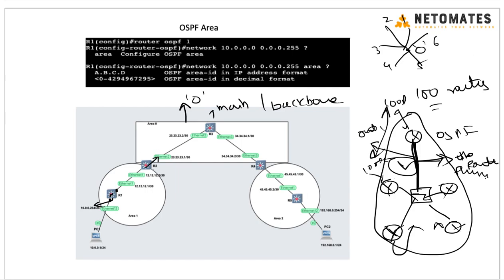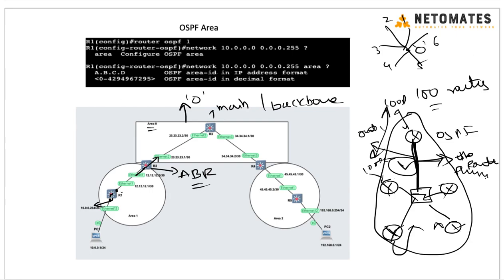But in the case of R2, it has one interface, Ethernet 1, in area 1 and another interface, Ethernet 2, in area 0. We call this router an area border router. We will learn about it more in the next classes, but for now, some routers will have interfaces in multiple areas.